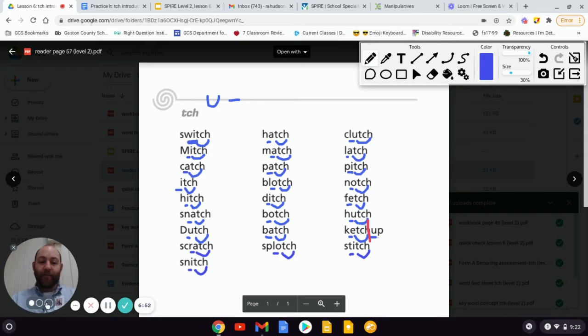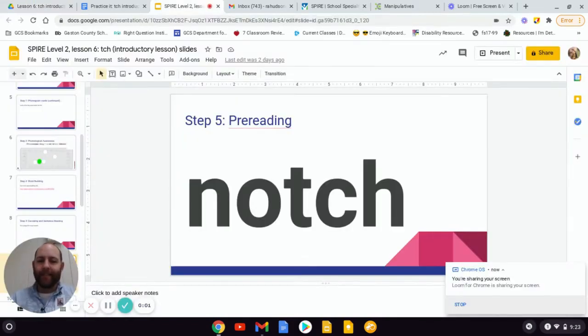All right, now you guys are ready for step 5. This word is notch. What is the word? Notch. In the word notch, what letter says n? That's right, the nasally N. What letter says ah? Look at my mouth. Ah. That looks like an O, right? And it is, the vowel O. What letters say the ch sound? You got it, TCH.